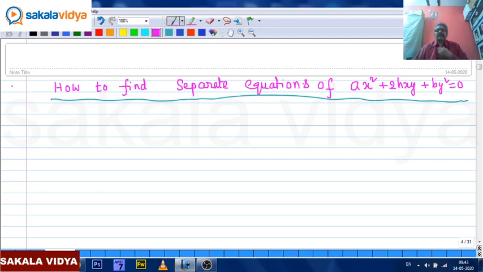Ax square plus 2hxy plus by square is equal to 0 represents a pair of straight lines. So that pair we need to find out. Separate equations we need to find out. So how to find the separate equations?